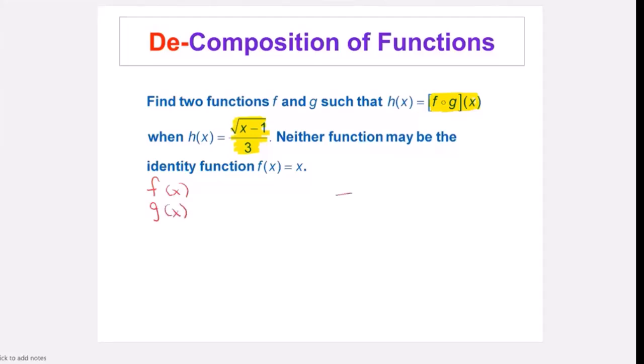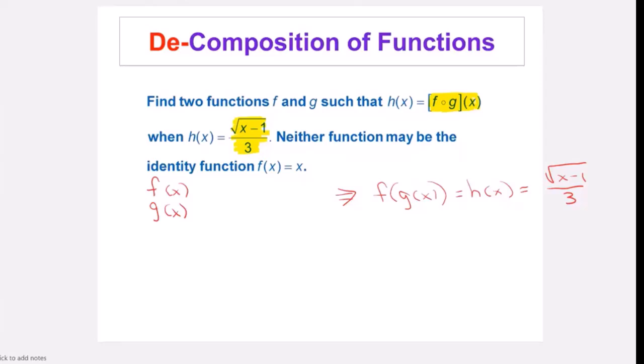And we know that f of g of x is going to equal h of x. And h of x is equal to the square root of (x minus 1) divided by 3. So first off, there's not just simply one answer. There's multiple answers. Okay? So don't worry if you don't get the same exact thing.